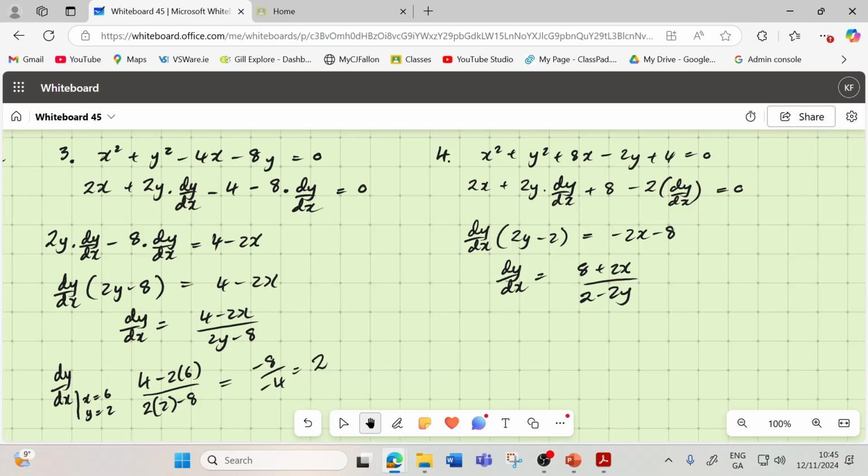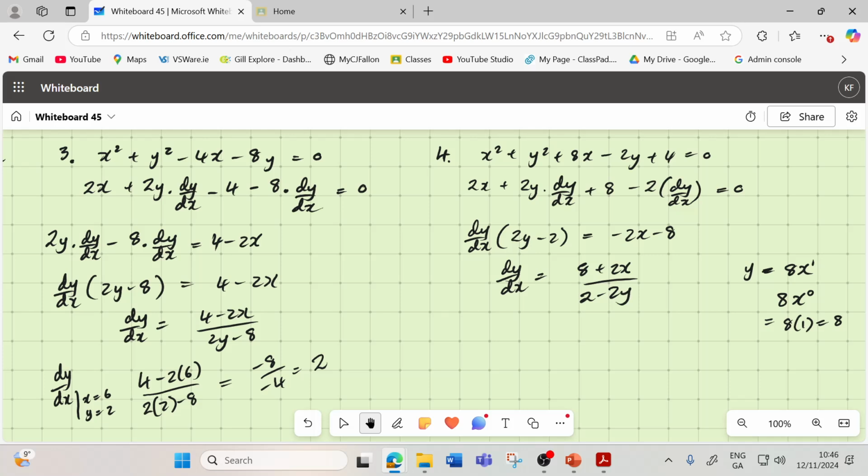The derivative of 4x is 4, since x to the power of 1 gives 4 times x to the power of 0, and anything to the power of 0 is 1, so there's no x.